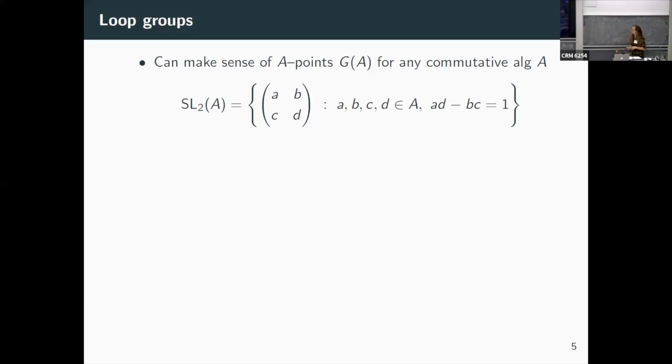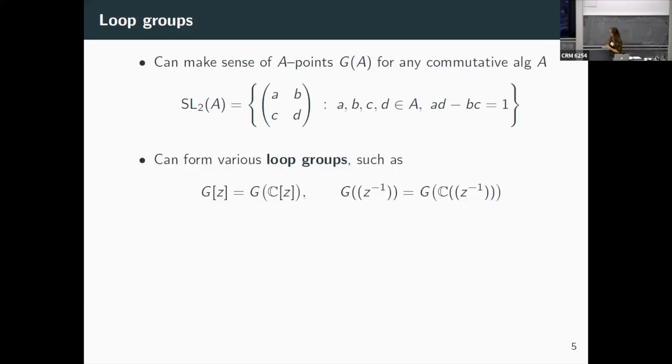Makes perfect sense. And so what we want to do is form loop groups, meaning that we're going to put things like a polynomial ring into this gadget, or maybe Laurent series or power series, something like that. So you get these interesting groups. For example, SL2 of A will always be a group. You can multiply these 2 by 2 matrices with whatever ring you want. And so these are loop groups.